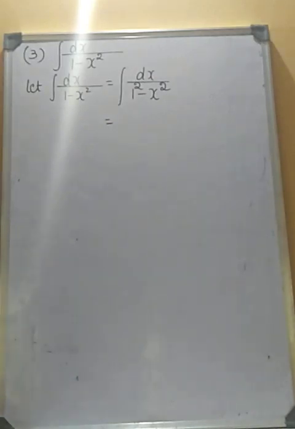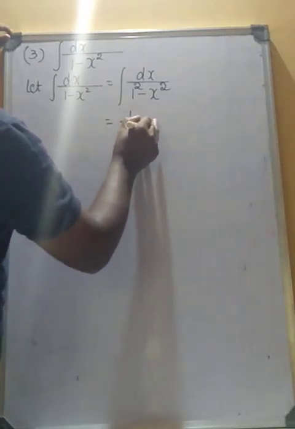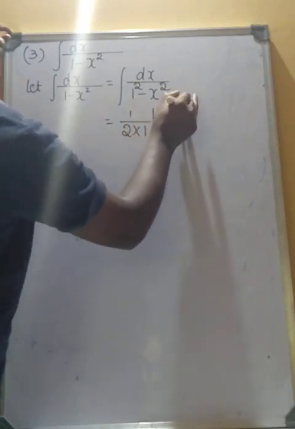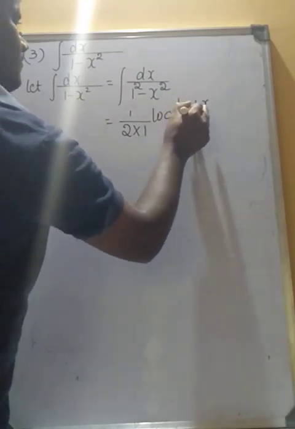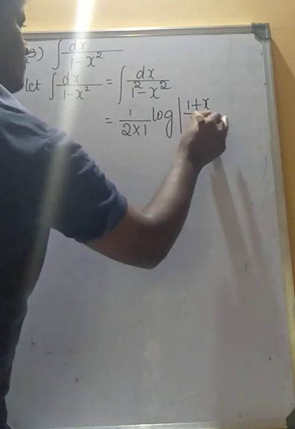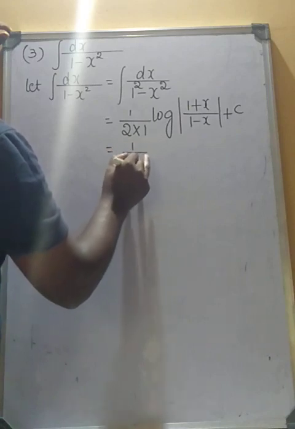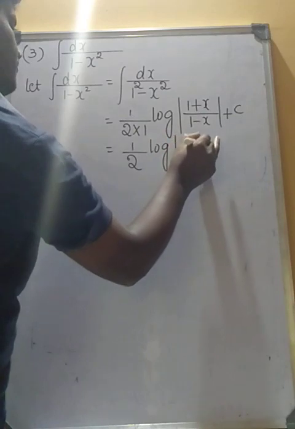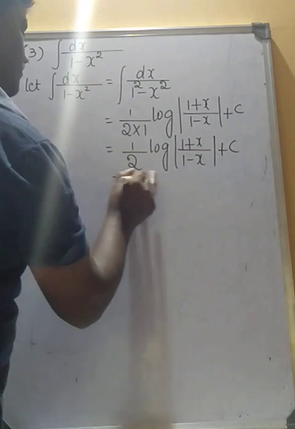So the formula: 1 by a square minus x square is equal to 1 divided by 2a, here a is 1, into log of mod a plus x, 1 plus x dividing by a minus x, 1 minus x, plus c. That is equal to 1 divided by 2 into log of mod 1 plus x dividing by 1 minus x, plus c.